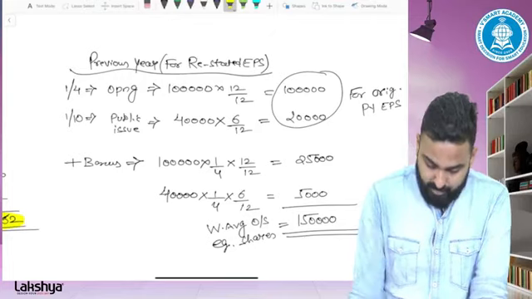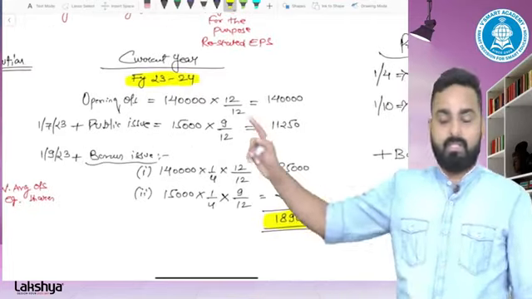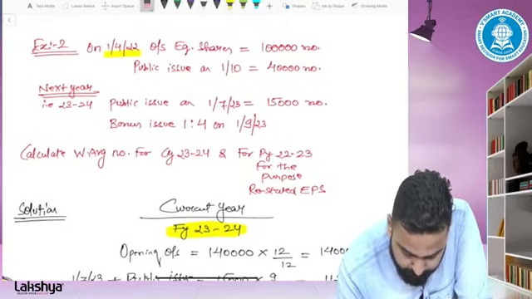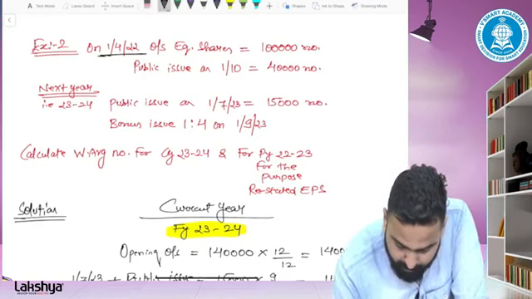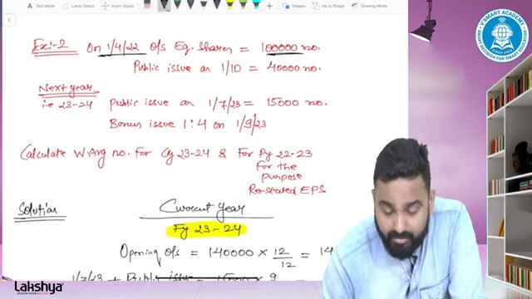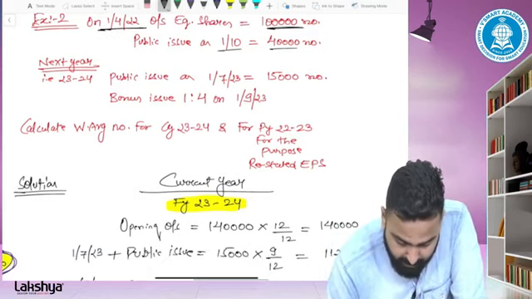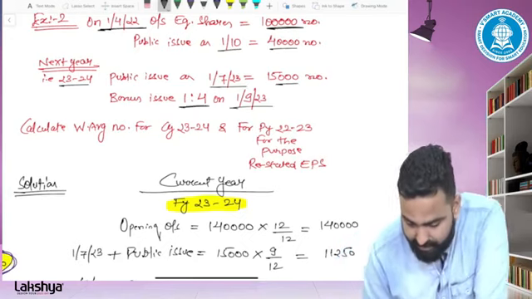Okay, so first of all, this is the current year working. What was the question? In 1/4/22, 1 lakh was the outstanding, public issue on 1/10 of 40,000. In the next year, 23/24, public issue on 1/7, 15,000, bonus issue 1:4 on 1/9/23.